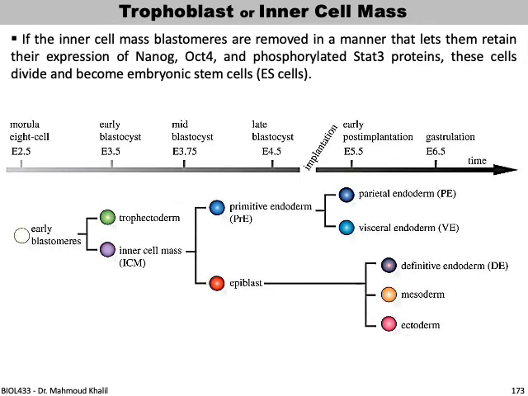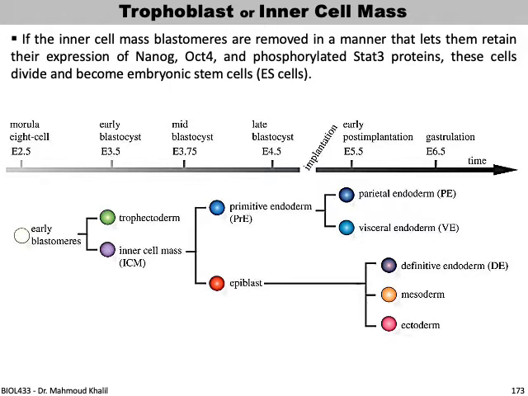And you can see here from this synopsis that in the early blastocyst stage, E3.5, you have two types of cell, either trophectoderm or inner cell mass. Then the inner cell mass differentiates into primitive endoderm and epiblast.